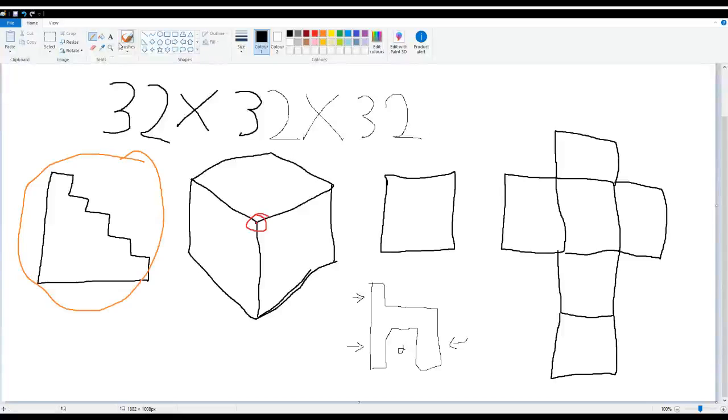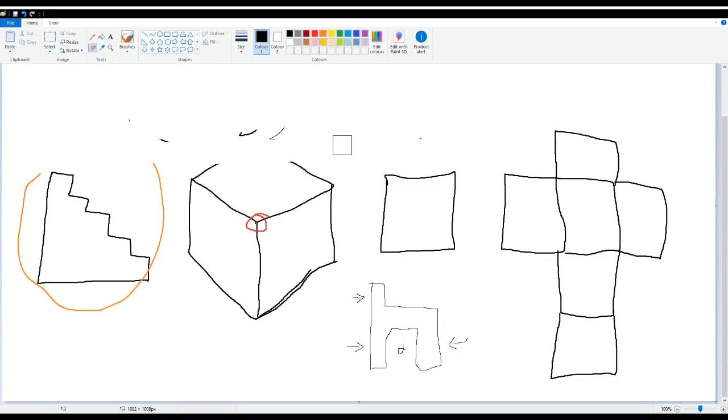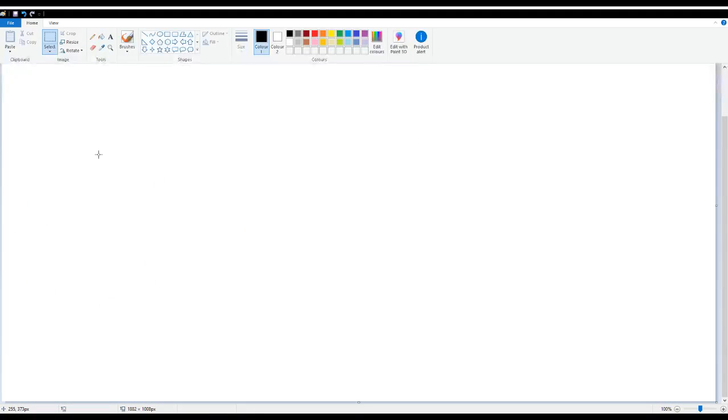So, for example, if you've got a cube that is perfectly square, you've got four vertices per corner.